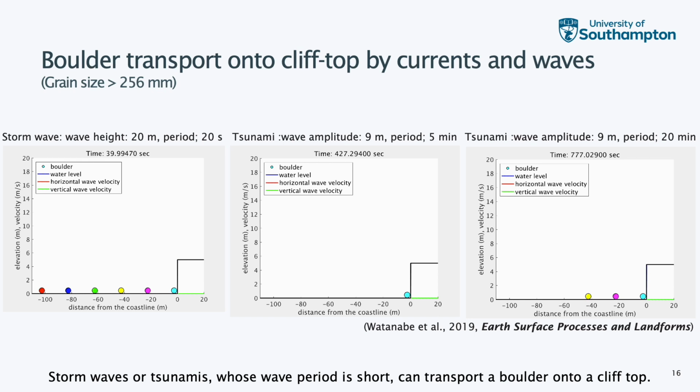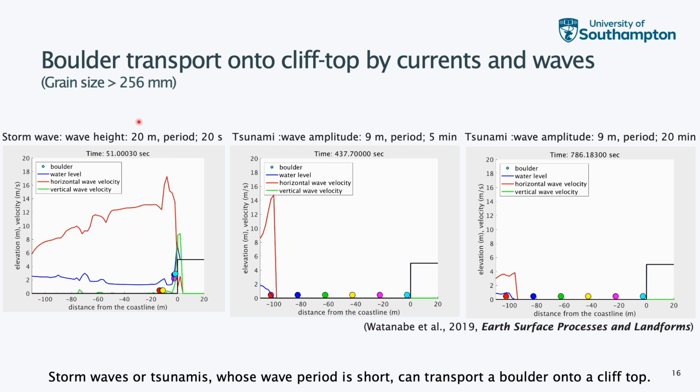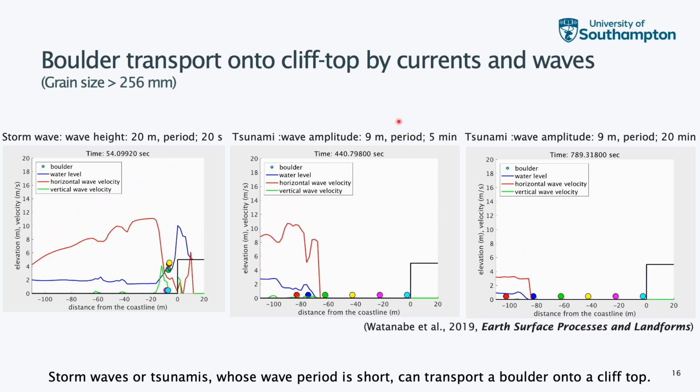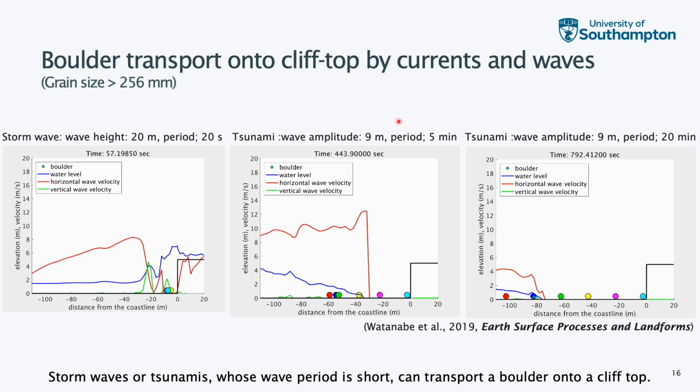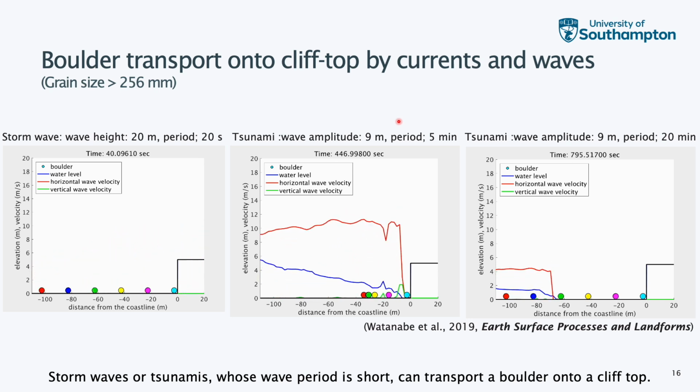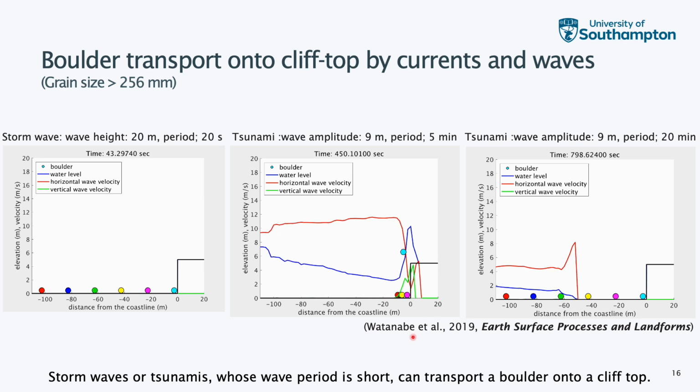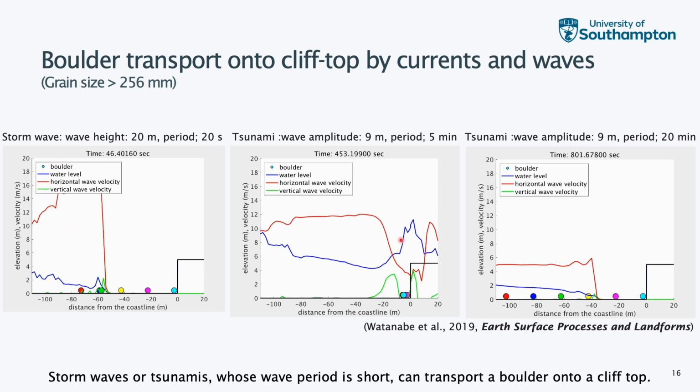So this is a simulation movie of boulder transport onto the top of the cliff by tsunami and storm waves. In the case of storm waves, storm waves can transport a boulder toward the vertical direction. Tsunami as well. If the tsunami wave period is short, like 5 minutes, the tsunami also can transport a boulder toward the vertical direction.